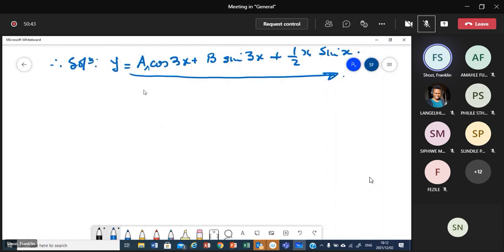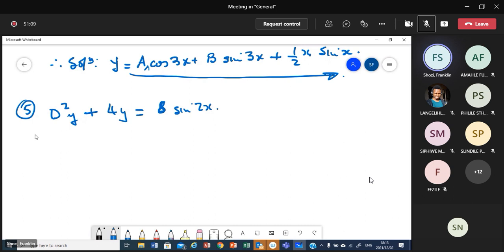Let's try another one involving a trig function again, so that we'll get used to it. Then number 5: d squared y plus 4y is 8 sine 2x.